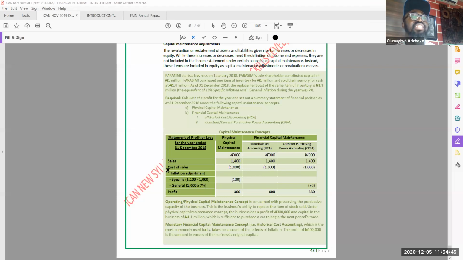Now, what is your cost of sales? What you sold for 1.4, you bought it for 1 million. That's why your cost of sales is 1 million all through.